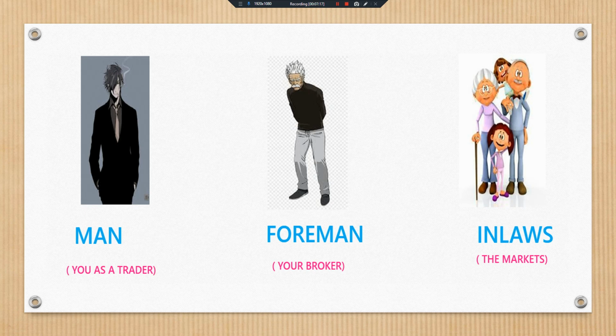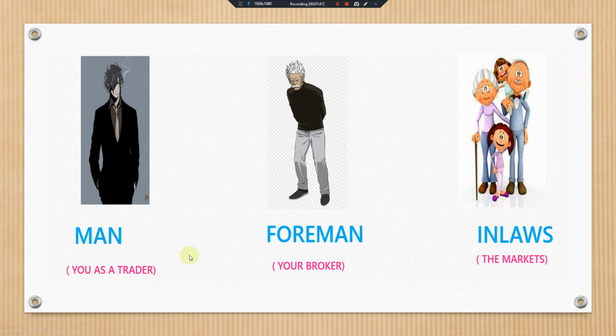So let's look at it from this perspective. This is a man who wants to marry a daughter, maybe this lady, so funny. And then the middleman that you have chosen is this one, and these are your in-laws. As a man, you can't go straight to the in-laws to marry their daughter. What you need is a middleman who goes for you and tells them, and then you later go to them.